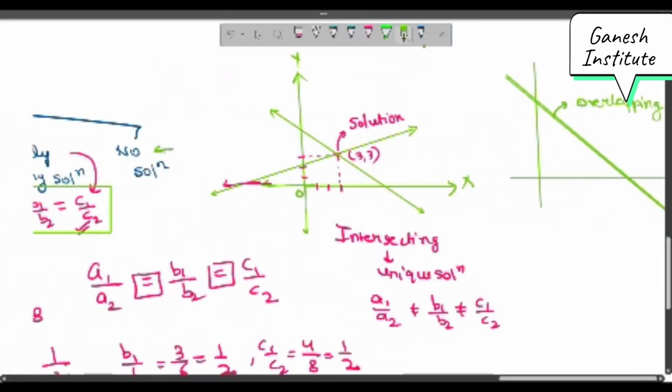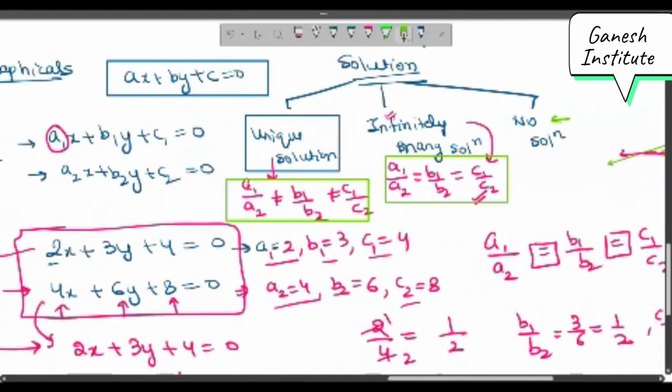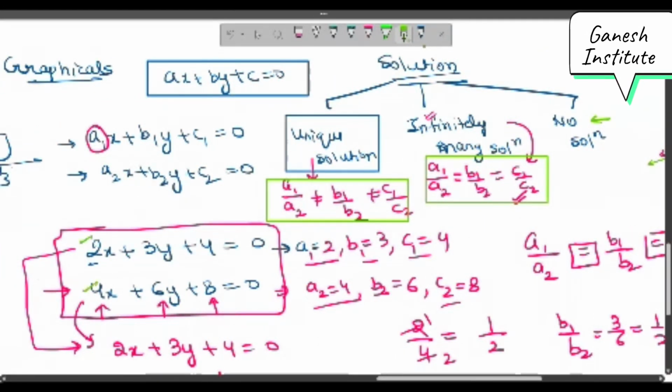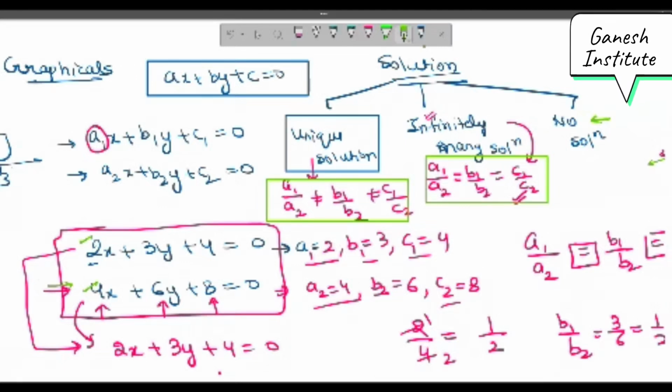Yes, overlapping lines. For instance, we did this one. You can see that you are just multiplying the equation with one factor, so you can take out that common factor and you will get the same equation back. So actually, if you plot them, these are nothing but overlapping lines, right?